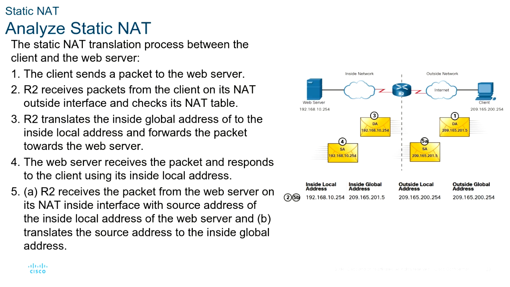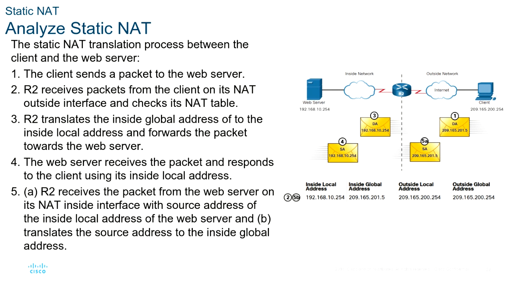So here's what happens here. Let's take a look at this. Number one, the client sends a packet to a web server. It goes to his default gateway router, R2. R2 takes that and he looks in his NAT code and says, oh, I have to translate that 192.168.10.254 address to the outside world. Okay, I'm going backwards here. Let me start again.